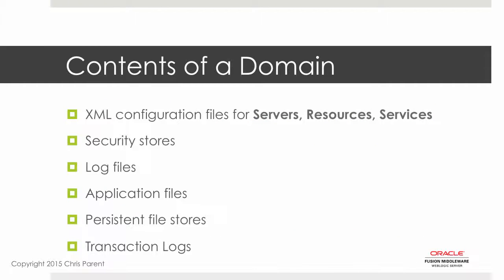So what makes up a domain? Well, a WebLogic domain is quite simply a set of XML configuration files that define all the servers, all the resources and services contained within that domain. It also contains security stores, such as embedded LDAP information, key store information for configuring SSL and identity and trust.